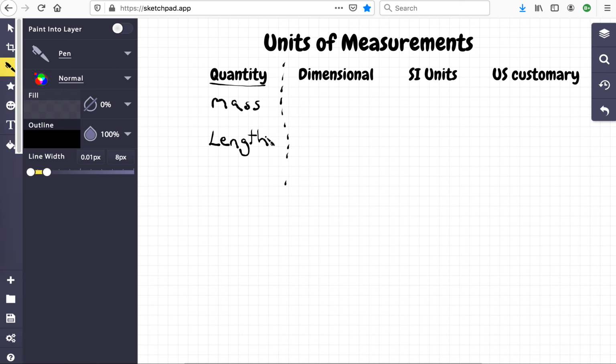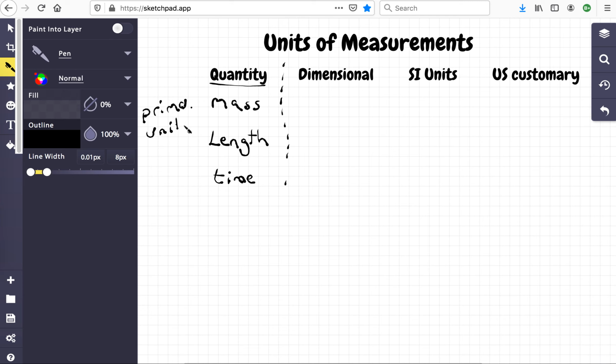So we have now mass, we have length, and we also have time. These are what's known as the primary units of measurement in Newtonian physics.